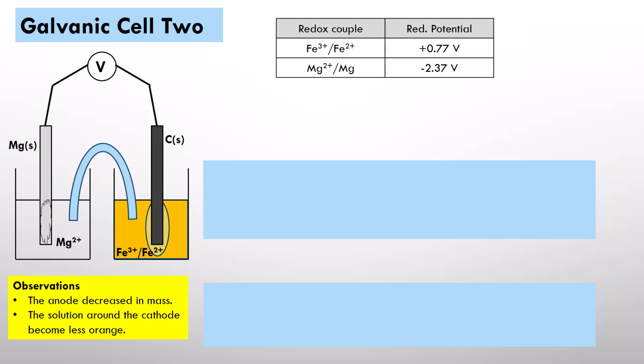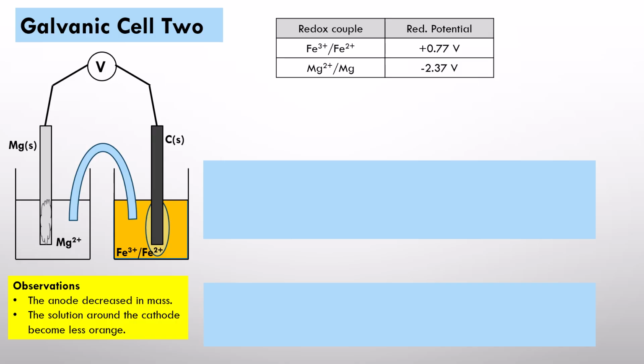They each have a voltage attached to them, and the one with the most positive voltage is written as it is in the couple. That is, it will be written forward in the equation. So you can see here that Fe3+/Fe2+ has a voltage of +0.77 volts, that one there is going to go forward because it is more positive than the magnesium ion magnesium couple.